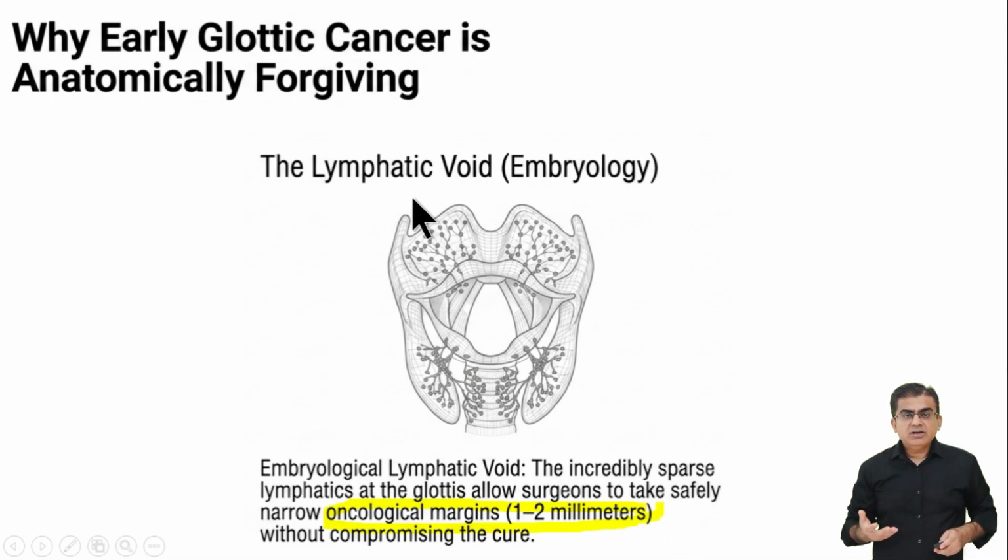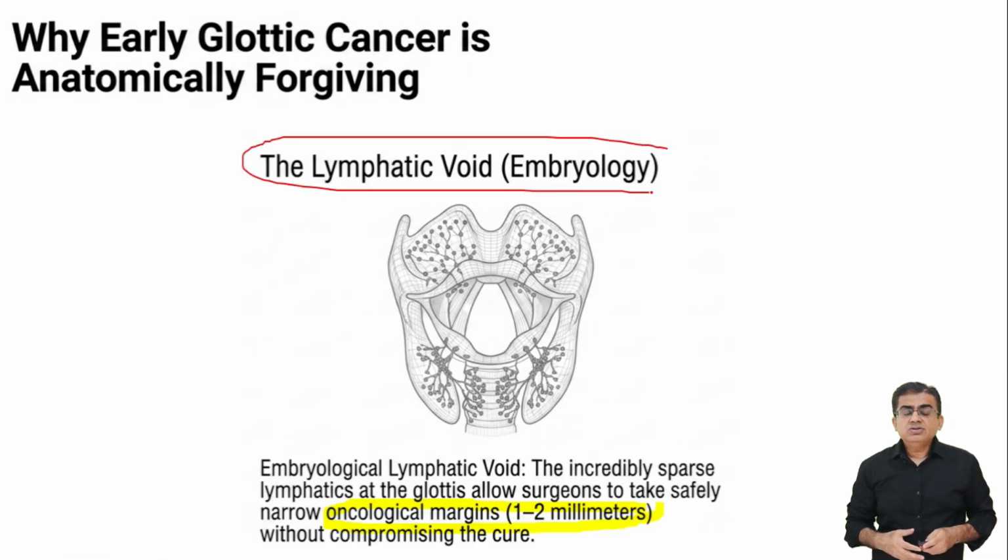The supraglottis above has a very rich lymphatic network. The subglottis below also has a very good lymphatic network. But the true vocal cord itself has incredibly fewer or sparse lymphatics. We simply call this the lymphatic void. Because there are almost no lymph channels here, the tumor stays localized for a very long time.